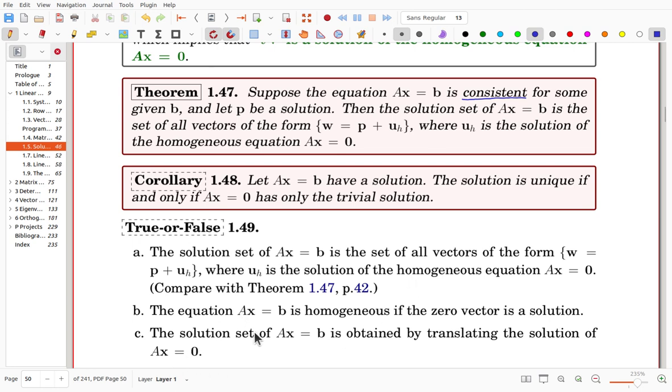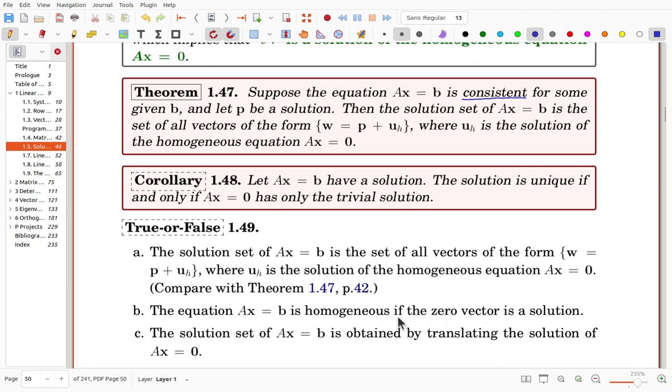The equation Ax equals b is homogeneous if the zero vector is a solution. Is it true? It's true. If the zero vector is a solution, that means if we put 0 in for x, then no matter what it is, b must be 0.